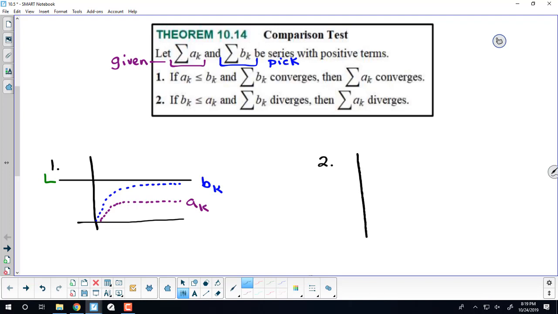A is larger than, so I don't know, something like this, A sub k is larger than B sub k. So basically what it says is if your series is smaller than a convergent series, it converges. If your series is larger than a divergent series, it diverges.